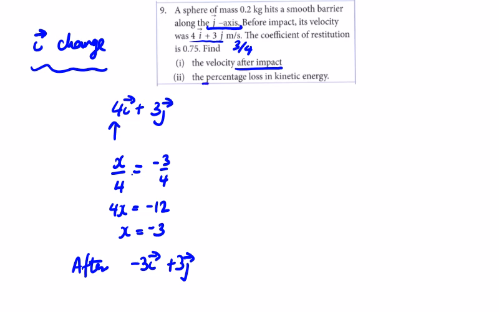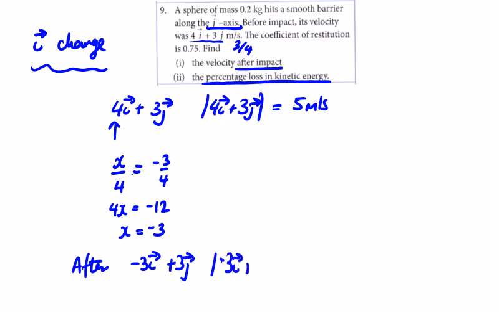We're going to need the speeds here because we're looking at percentage loss in kinetic energy. So the magnitude of 4i plus 3j is equal to 5 meters per second. You know that already. And the magnitude of minus 3i plus 3j is the square root of 9 plus 9, square root of 18.